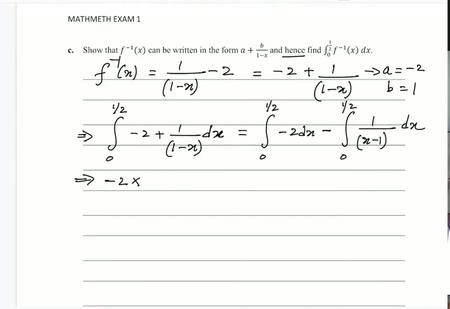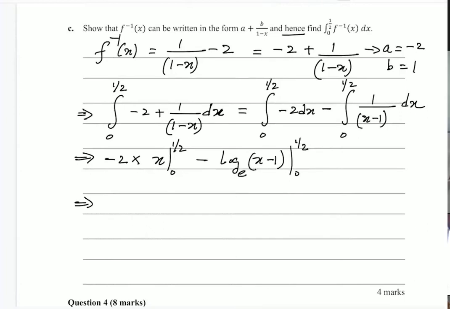So the integration of dx would be x, from 0 to half, minus this would be log, right? Log base e of x minus 1, from 0 to half. So if you put half here, it's going to be minus 1 minus, in the log case, log minus half, right?